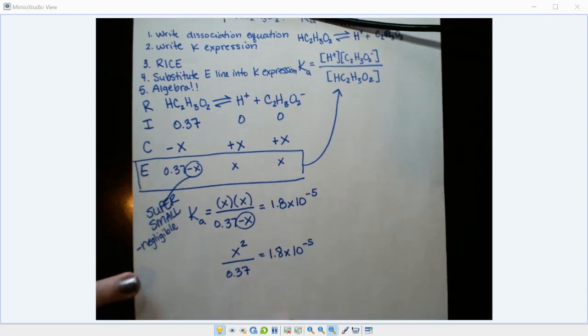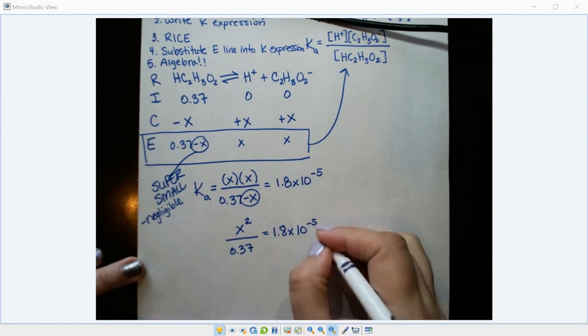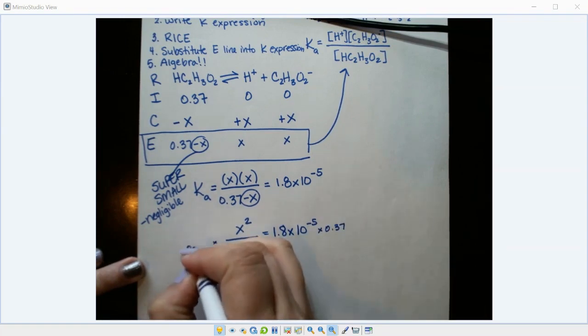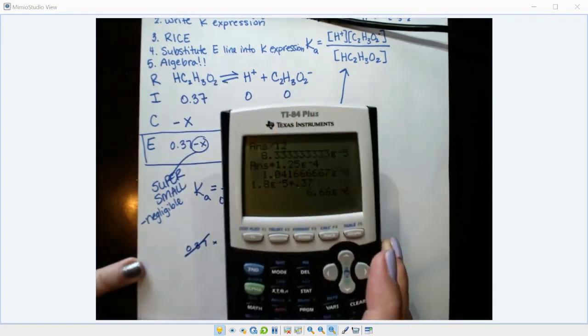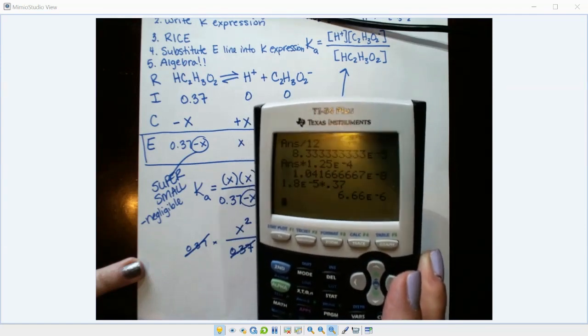Now from here, this algebra should be pretty simple for you. I'm going to move my 0.37 over to this side. So I'm going to multiply this side by 0.37, and I'll multiply this side by 0.37, effectively canceling that. So, handy dandy little calculator, 1.8 times 10 to the negative 5 multiplied by 0.37. That is a horrible, horrible example that I chose there.